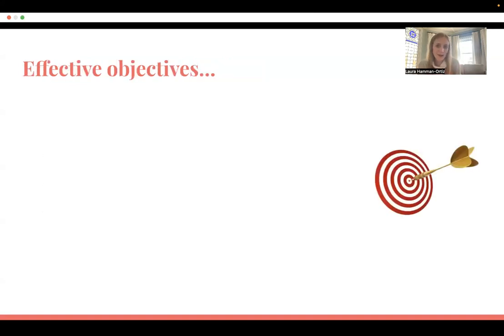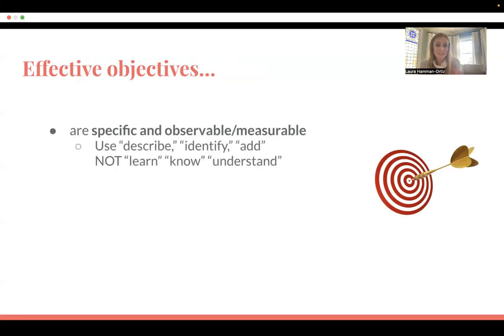A few things to keep in mind when we're writing objectives: they should be specific and observable or measurable. You notice in those 3 examples, I used words like describe, identify, and add. I didn't say learn, know, and understand because I can't observe that. If I say students should be able to understand the causes of the French Revolution, great, but I can't as a teacher actually know if they understand.